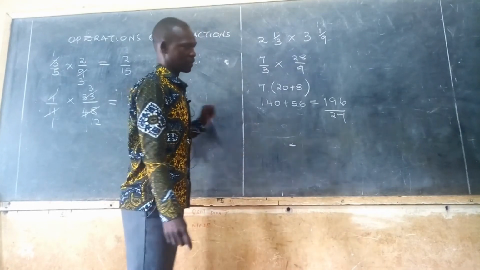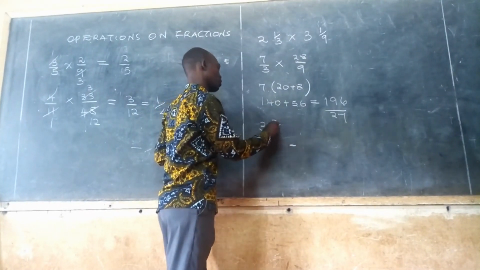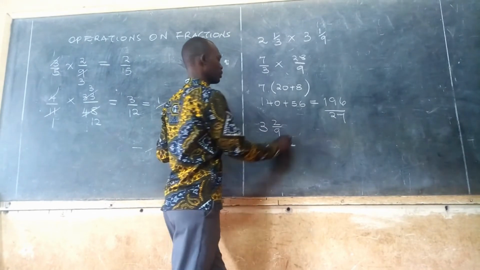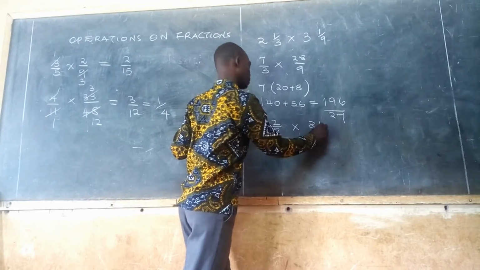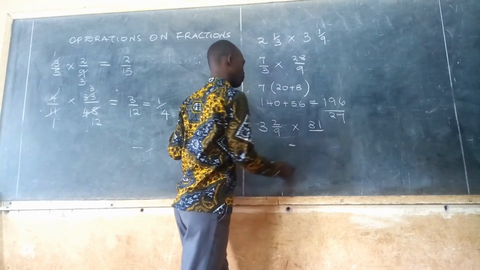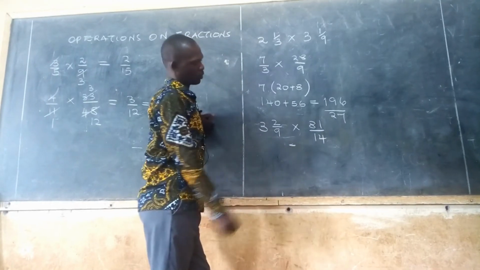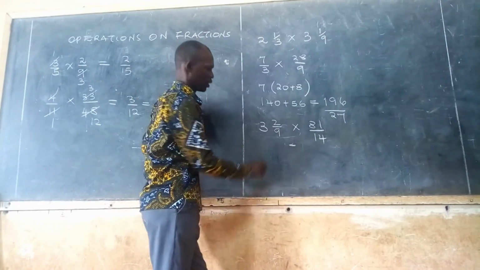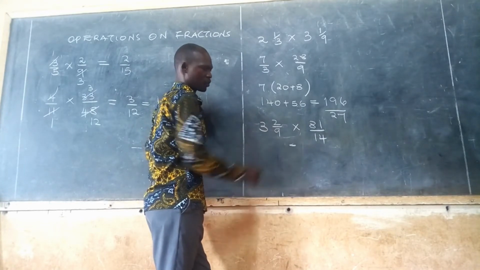Final example in multiplication. Maybe you have 3 and 2 over 9 again, maybe times 81 over, say, 14. So what do you do? You are going to have 9 times 3, 27 plus 2.